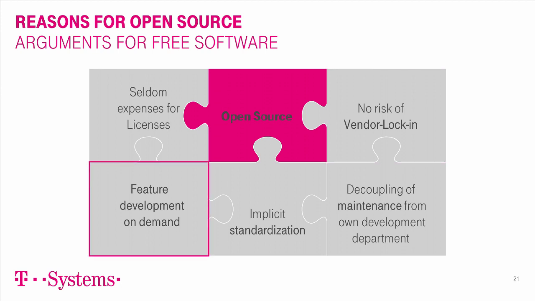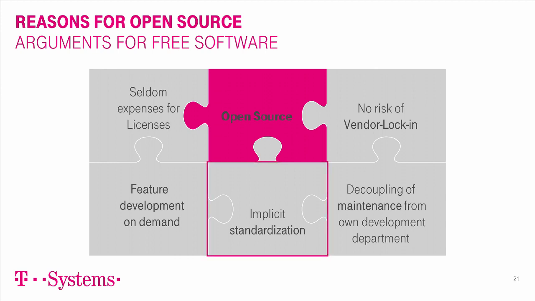You could do contract work for open source software, and by this you have feature development on demand. It's not necessary to be an expert in open source software or the code itself, but there are many software development companies who make a business model from writing code on demand for free software.